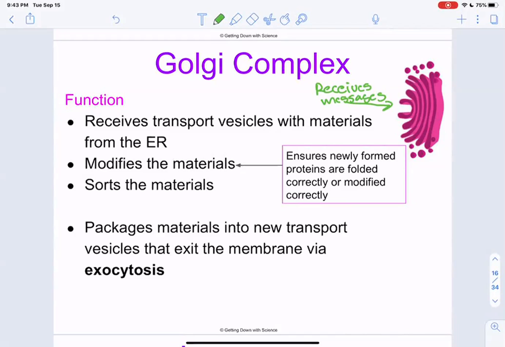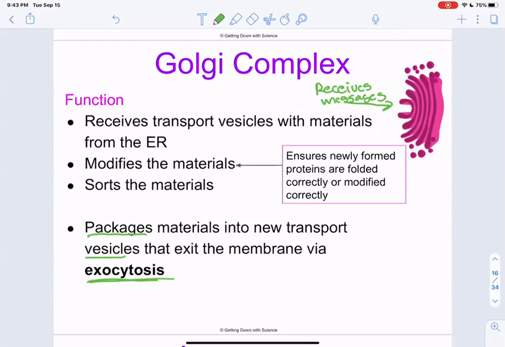And then once it receives the message, it sorts it and modifies it. It's going to package it next, and then it's going to put it into a vesicle, which is kind of like a garbage can. A garbage can that gets sent to the outside via exocytosis.